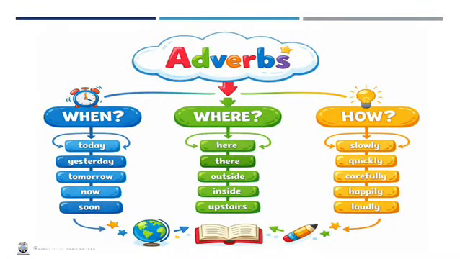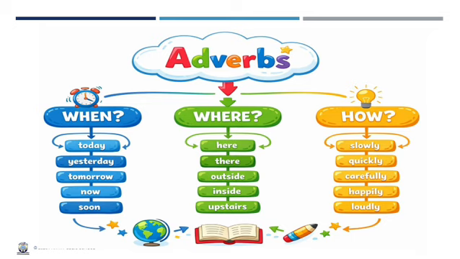Now we have a few words: today, yesterday, tomorrow, now, soon. All these words tell us when the action is done. Here, there, outside, inside, upstairs. All these words tell us where the action is done. Slowly, quickly, carefully, happily, loudly.